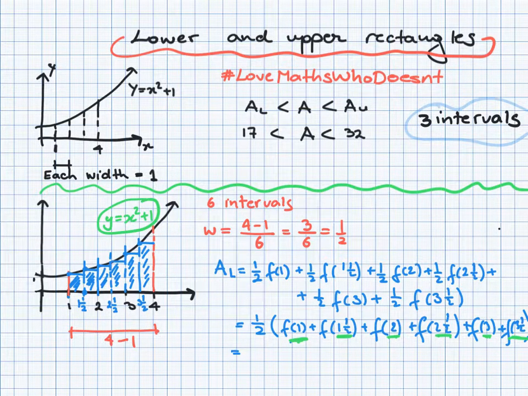So what I'm going to do here, I'm going to put numbers, but I would like you to check if you have the same for f of 1, which is 2, and has been calculated before anyway. So f of 1.5 should be 13/4, plus f of 2, we already have from lesson 1a, it's 5, plus f of 2.5 is 29/4, then plus f of 3 it's 10, and plus f of 3.5 is 53/4.